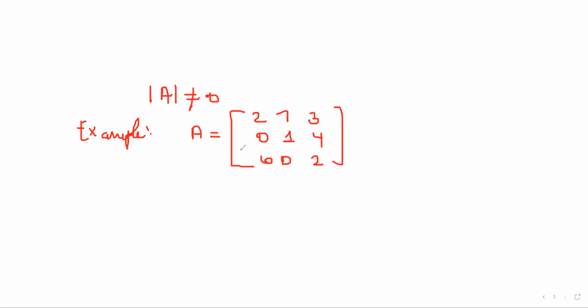You can see it's an upper triangular matrix, so you can find its determinant easily. In this case, the determinant is the product of the diagonal elements, so determinant of A equals 2 times 1 times 2, which is 4.